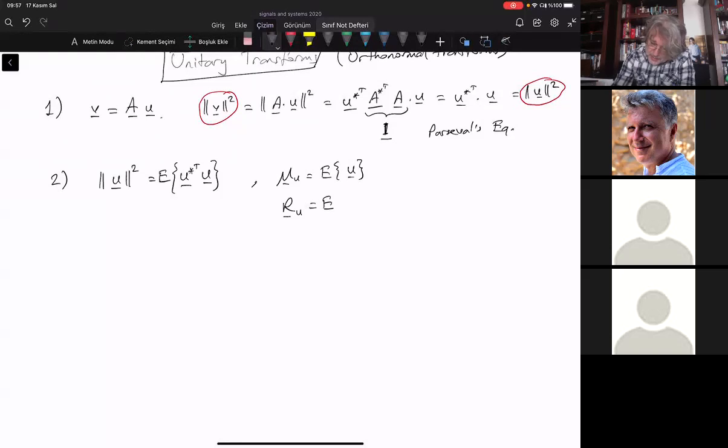We have to put the expected value of U minus its mean times U minus its mean conjugate transpose.